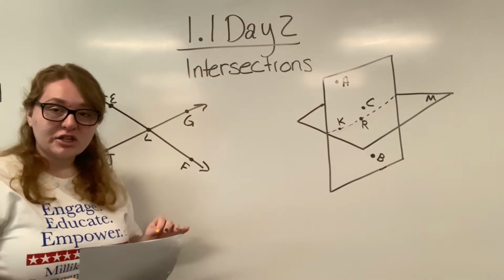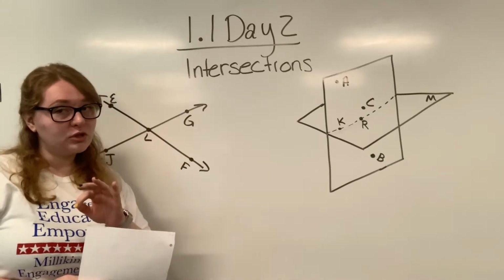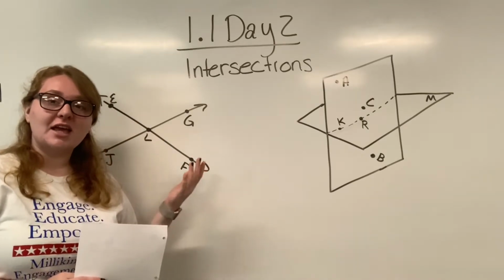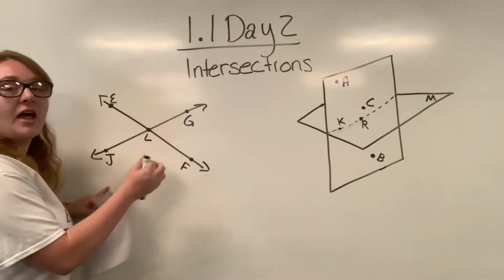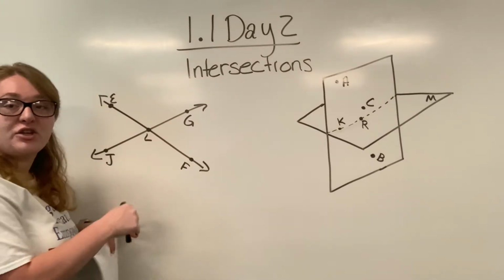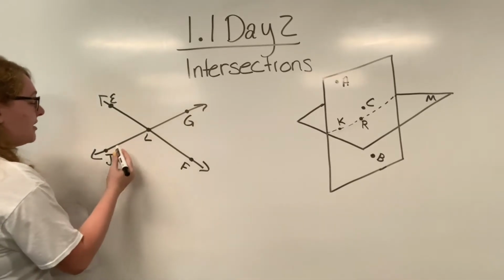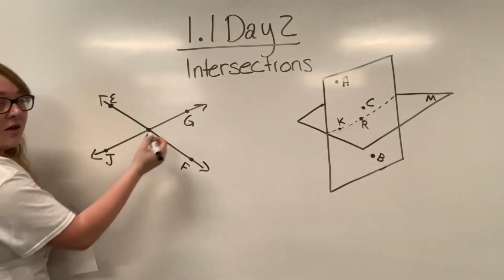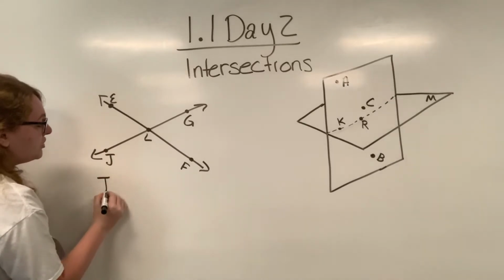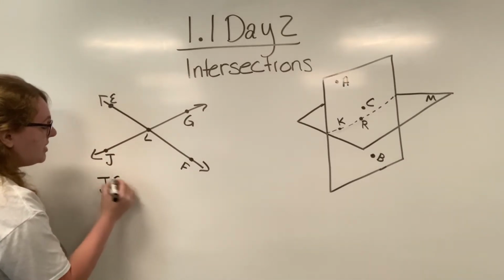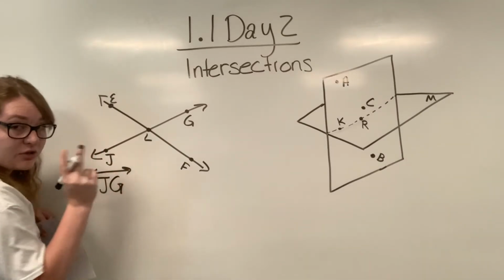Intersections are the point or multiple points where 2 things intersect. If we look at these 2 lines and use the skills from yesterday, we can name these lines. This line right here is line JG with a line over top with 2 arrows.